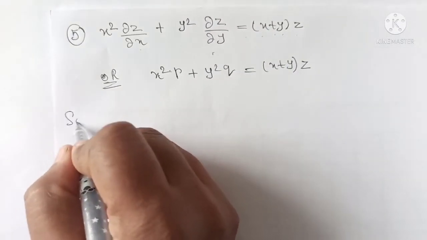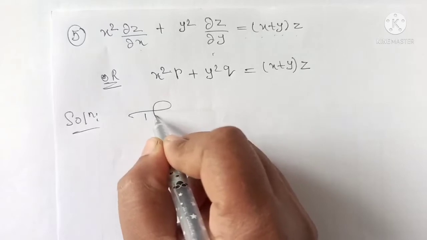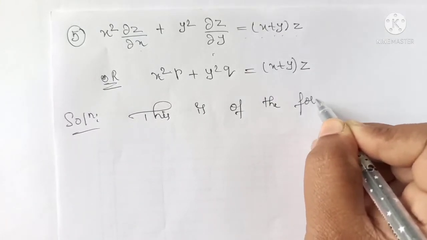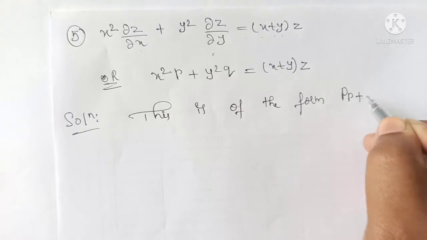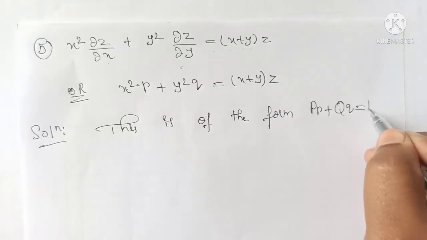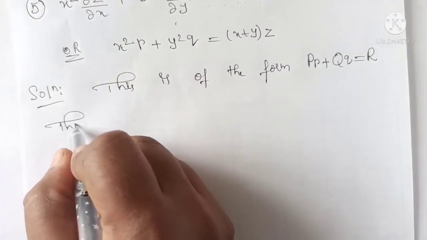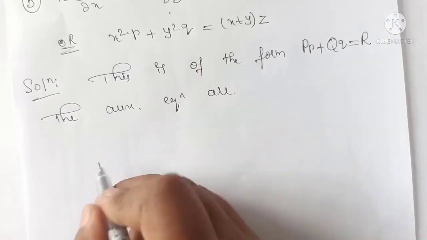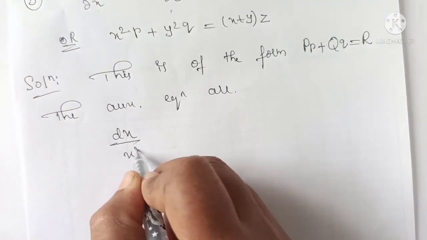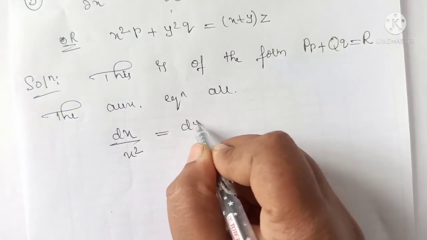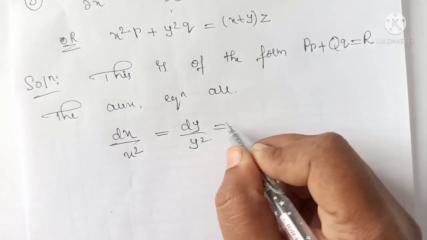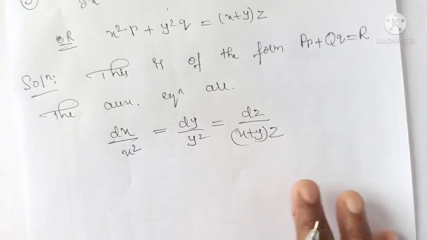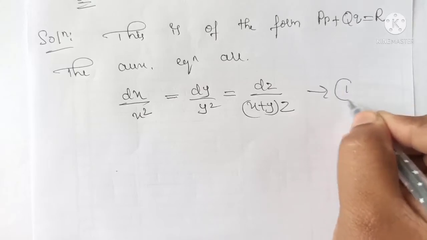The solution of this one is of the form P p plus Q q equals R. Thus the auxiliary equations are dx divided by x square equals dy divided by y square equals dz divided by x plus y into z. Consider this as equation 1.